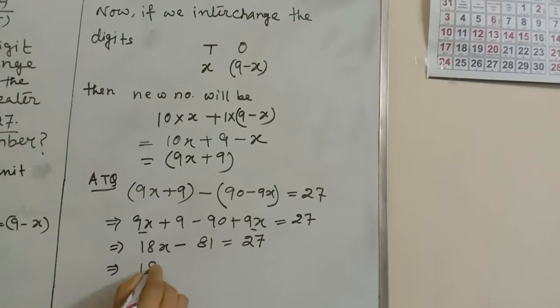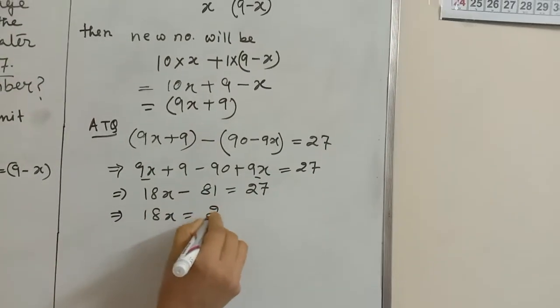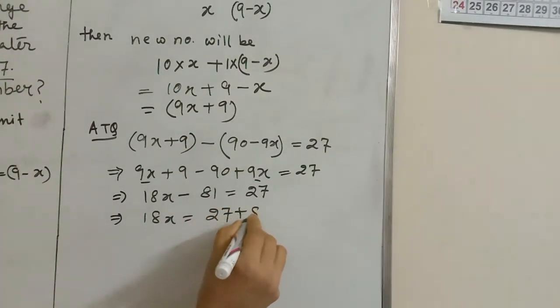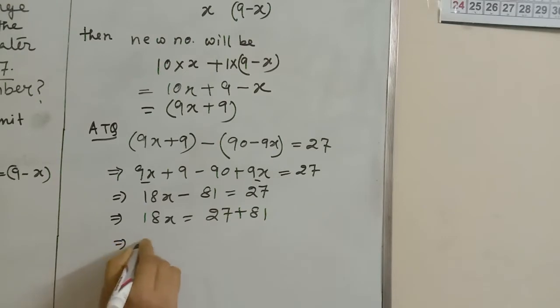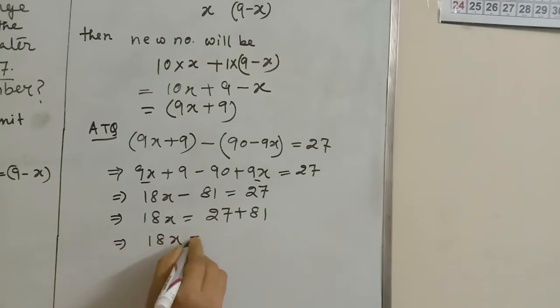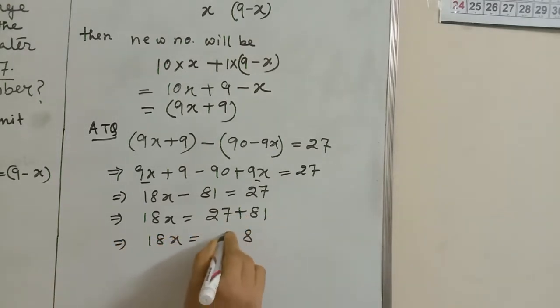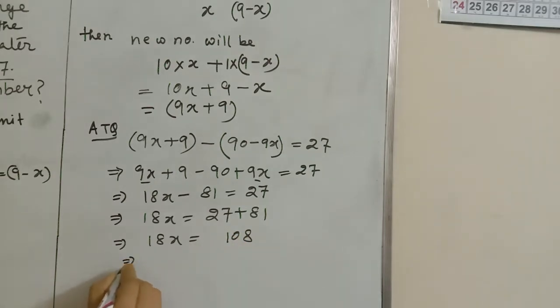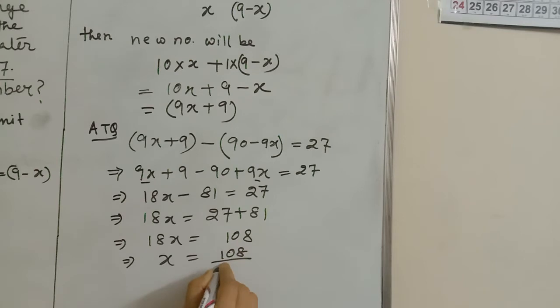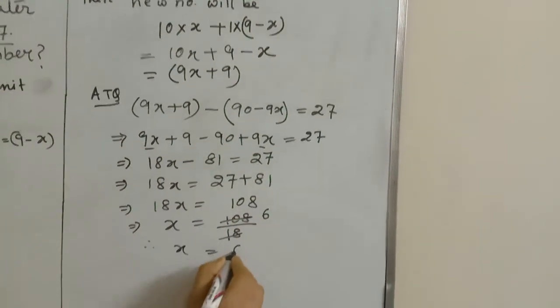Now 18x is equal to 27 plus 81. 18x is equal to 108. x is equal to 108 by 18. If you cancel it, 18 sixes are 108. Therefore, x is equal to 6.